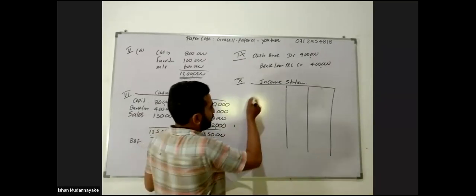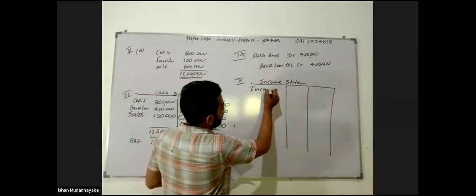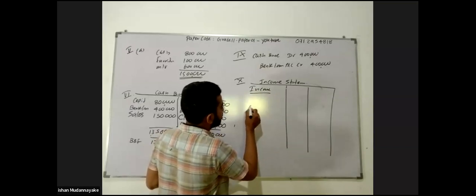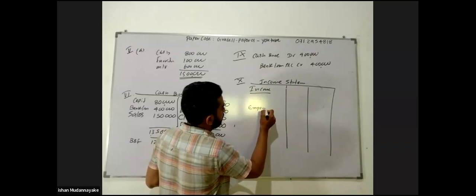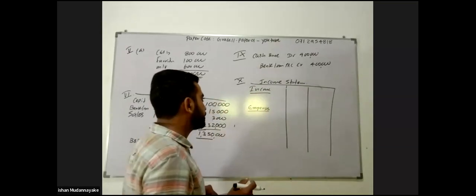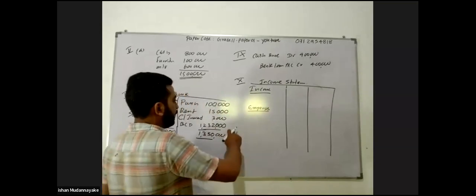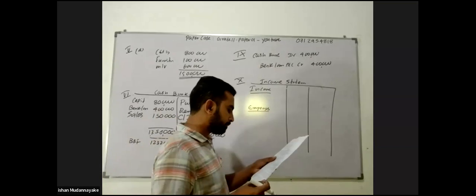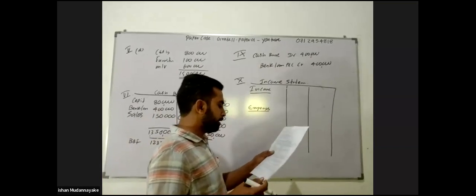The format is not structured, so just draw a simple income statement, which we have already discussed: income minus expenses. Look at the transactions.